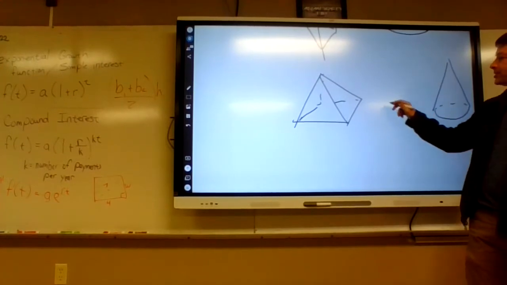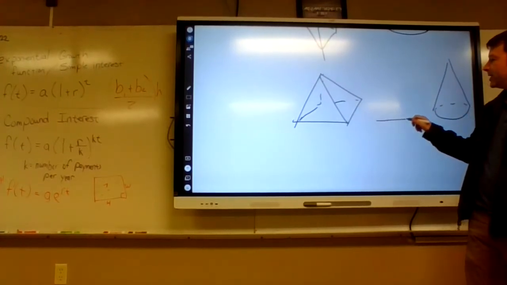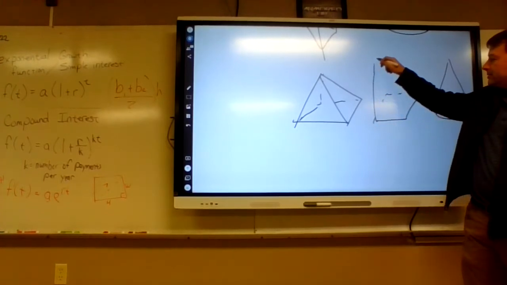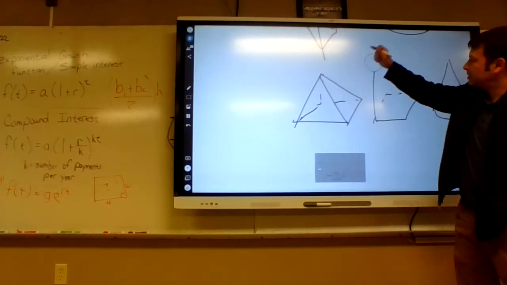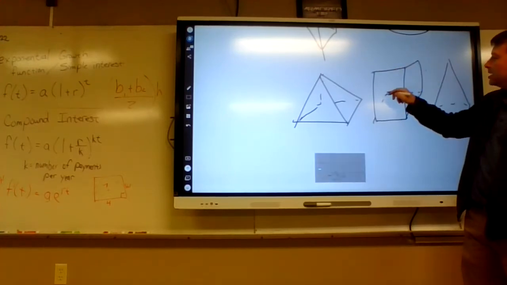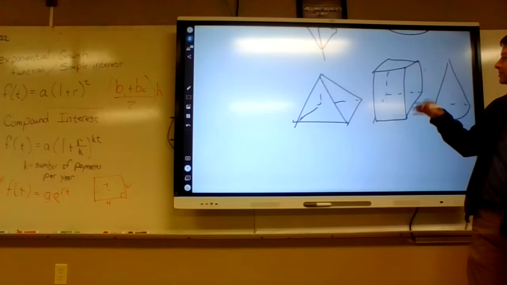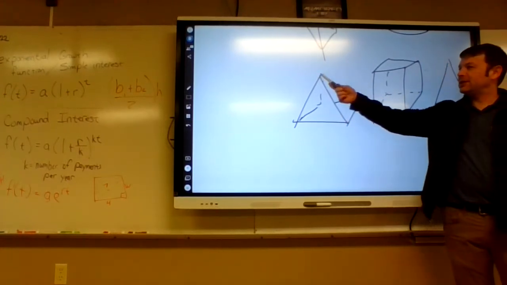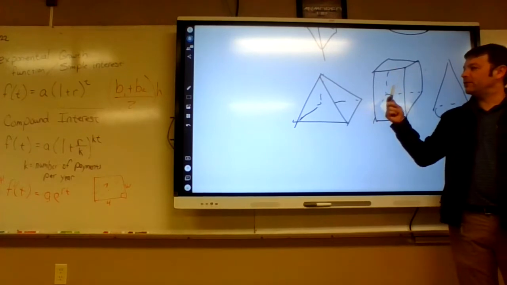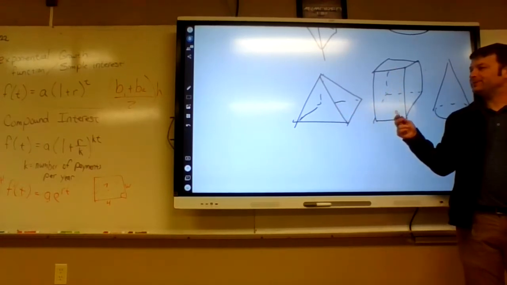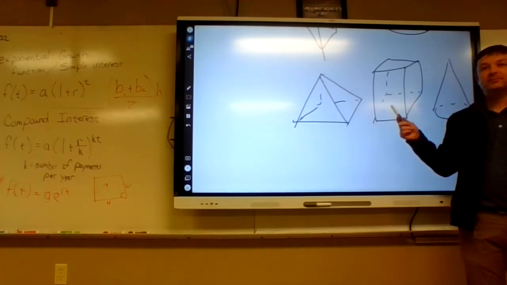Would a prism with the same base and the same height have more volume, or would the pyramid have more or less volume? Less. Why? Because it only has one base.